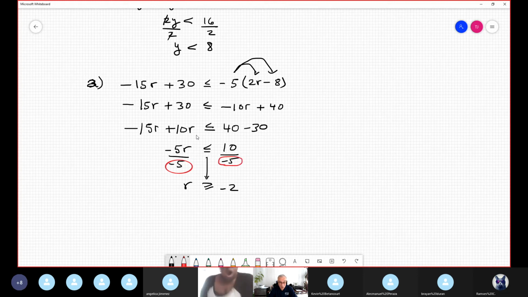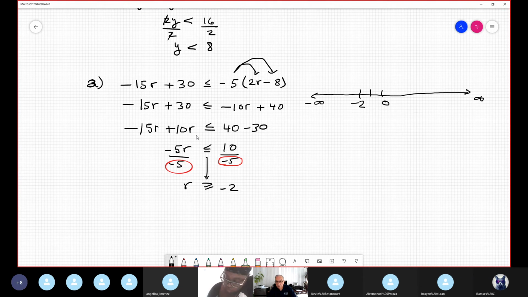When you divide or multiply by a negative, the inequality reverses. Okay, I understand that. Now suppose the solution, negative 2.